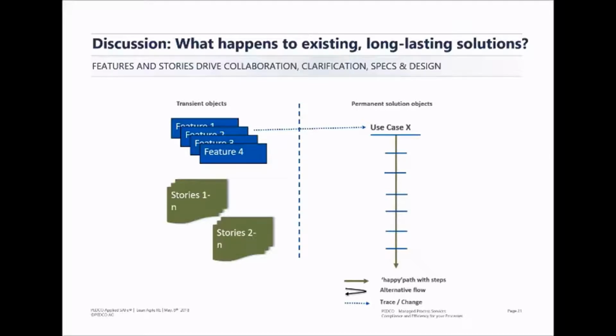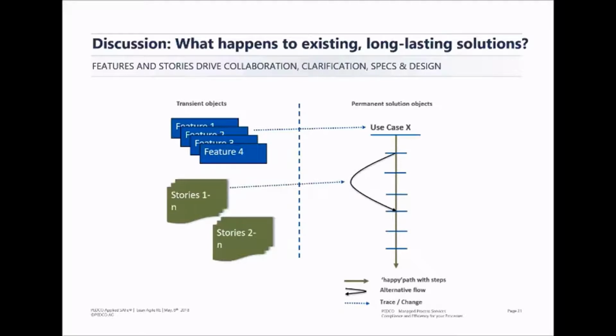So depending on the attributes of a solution, it might be necessary to extend the definition of done and adapt it to existing documentation. We work a lot with the DoDs, and in such a special case, you would consider features and stories as so-called transient objects or change requests, and use them as a trigger to edit the existing documentation, the permanent solution objects.